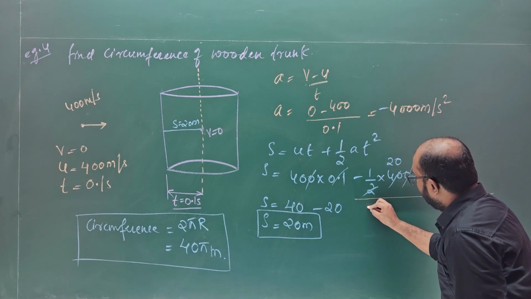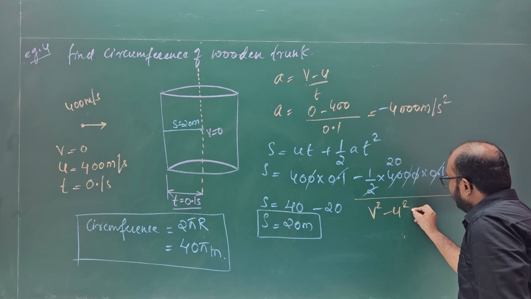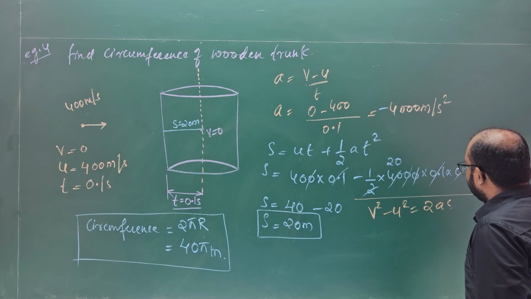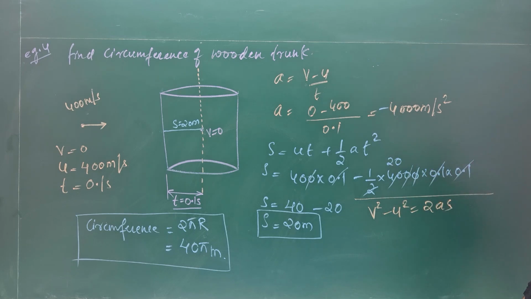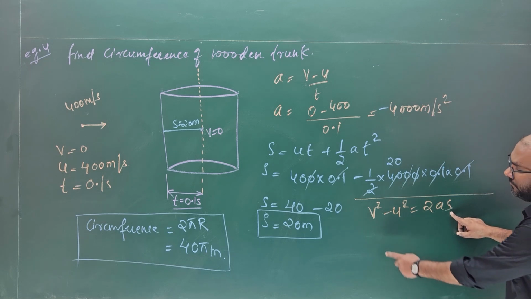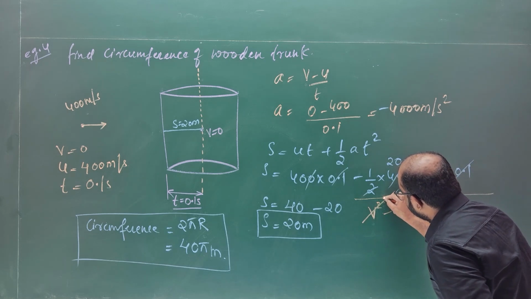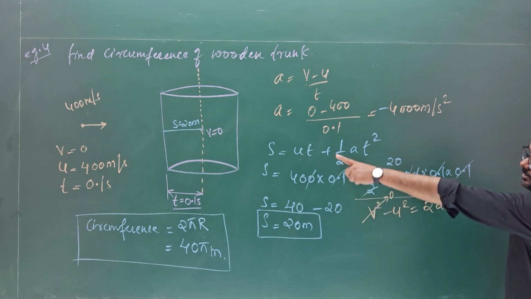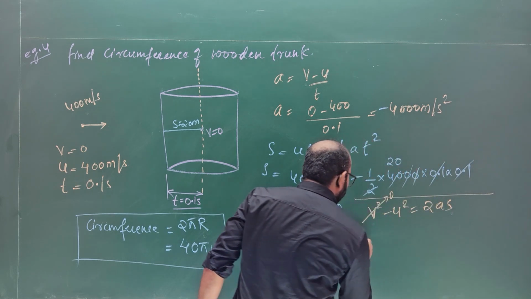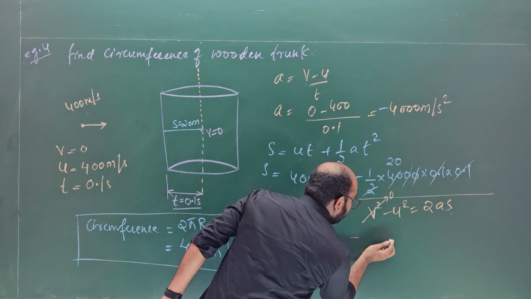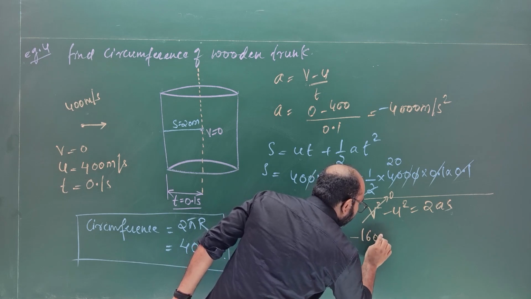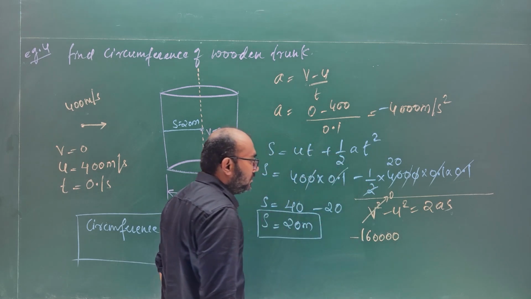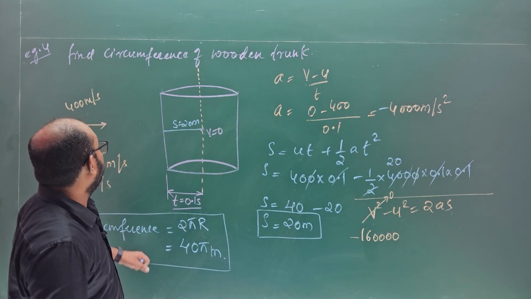Okay, so v² - u² = 2as. What are we finding? We are finding s. Final velocity 0, initial velocity 400. So can I say minus of 400 squared, that is 160000.